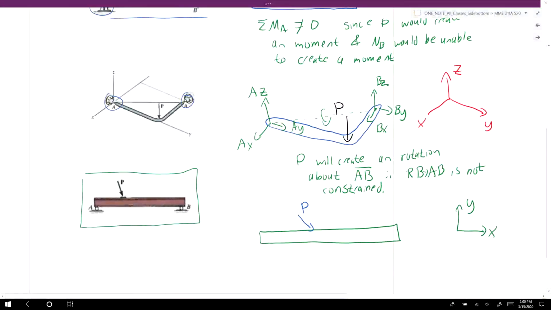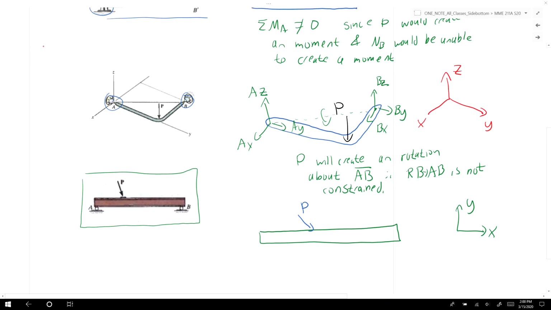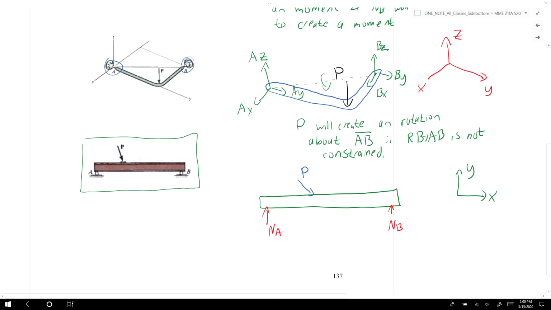And then we have two rollers, one at A and one at B. If we look at the equilibrium equations, we'll see that the sum of the forces in the x direction is not equal to 0 because P of x is the only x component. So again, we have an improperly constrained part.